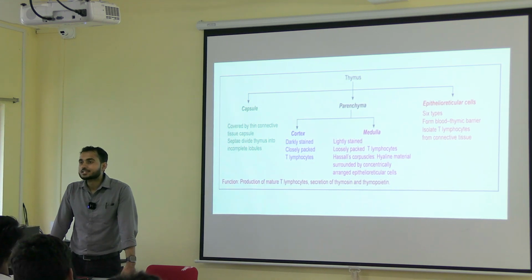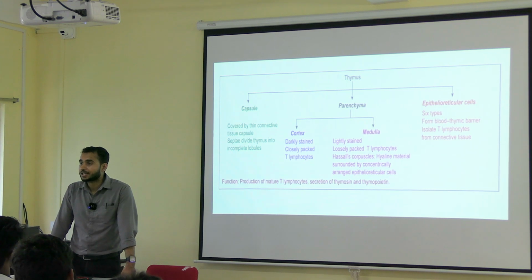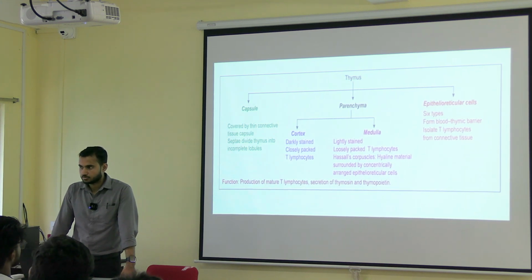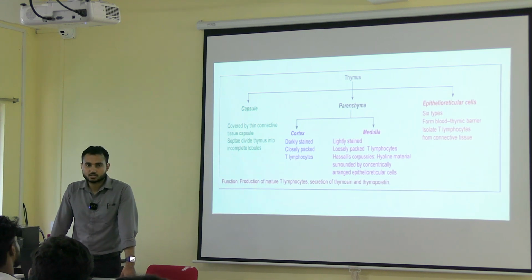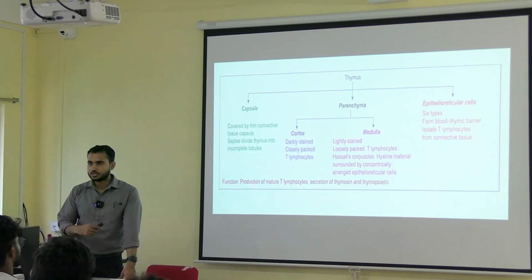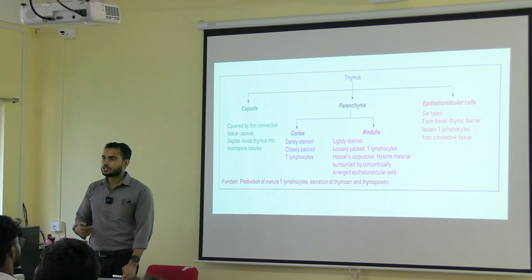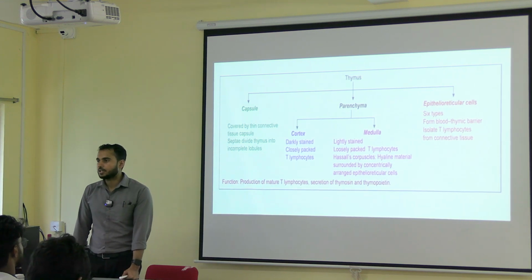For that, you have to understand the differences between primary and secondary lymphoid organs. If that concept is clear, then you will understand this part. Think. I will give you the answer at the end of this class. Think about why it is required to have a blood thymic barrier.